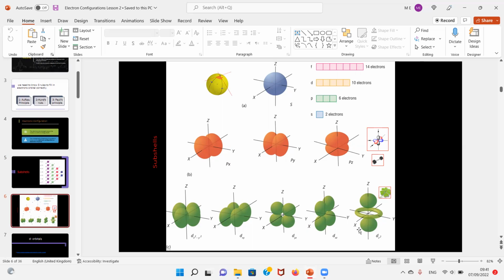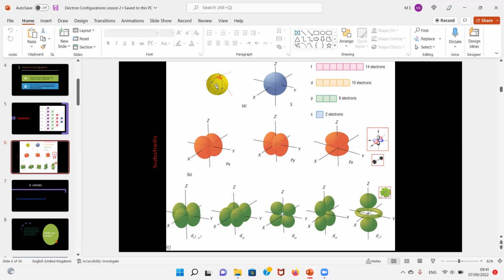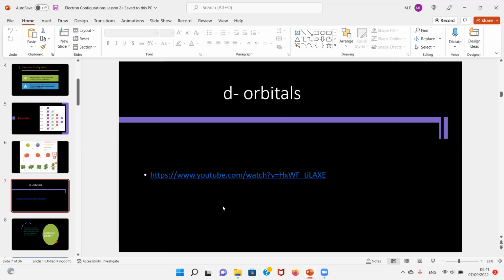The same applies to the dz squared. Don't forget that you need to learn and remember the shapes of these orbitals. This is a demonstration of how the d orbital is formed, so I highly recommend you look at this.